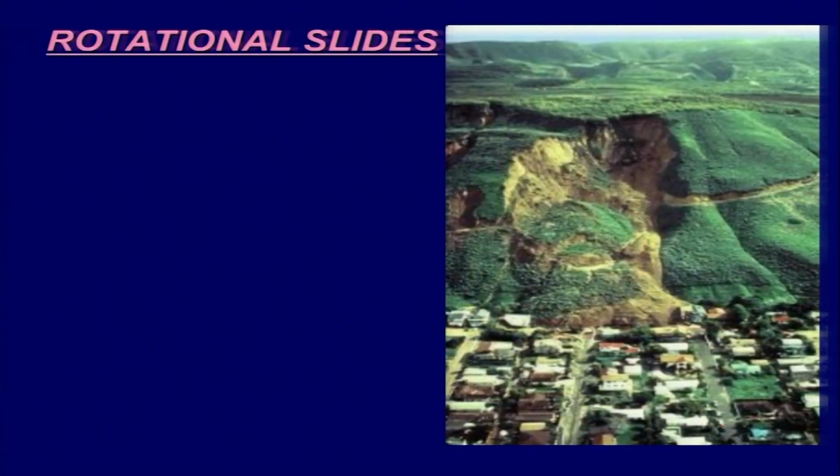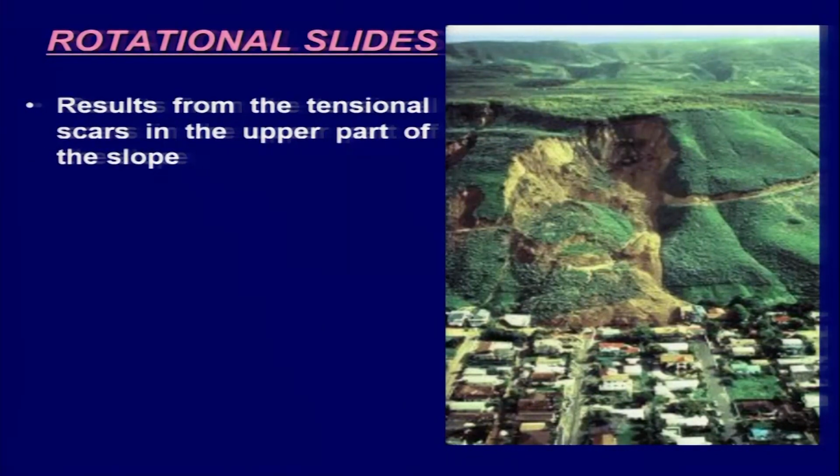So, rotational slides are one example which have a very typical spoon shape surface, and this portion, that is the toe portion, has experienced deformation during the movement. This could result from the tensional scars in the upper part of the slope.